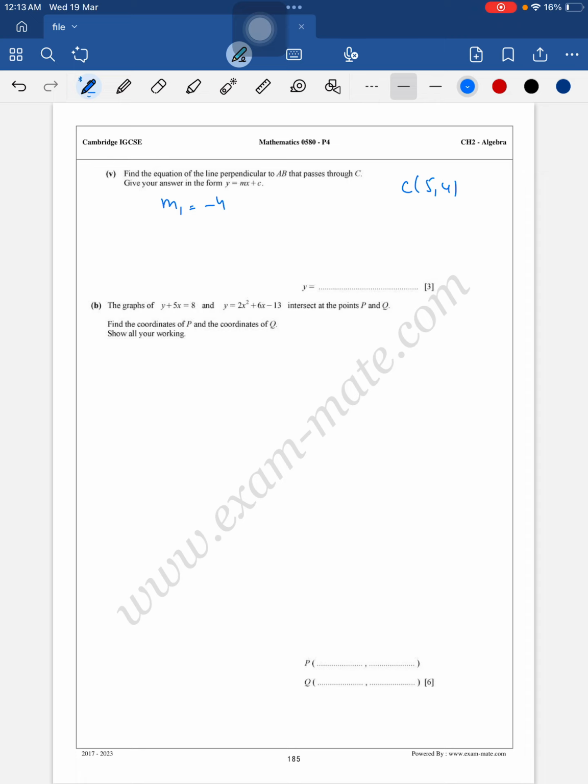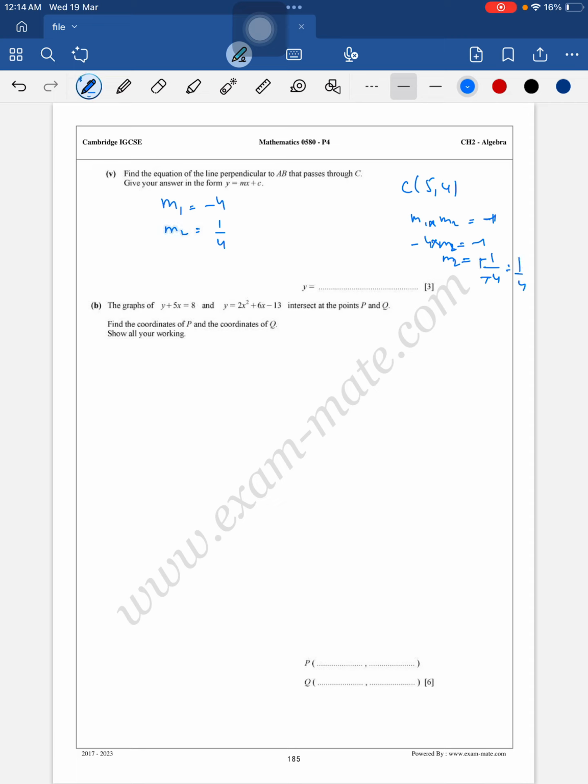So m2 is equal to minus 1 upon minus 4, that is 1 upon 4, right? Because the relation of two perpendicular lines is that m1 into m2 is equal to minus 1. When I substitute m1 as minus 4, m2 is equal to minus 1 upon minus 4, minus minus cancels, 1 upon 4.